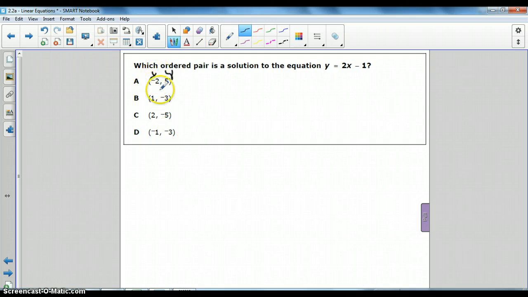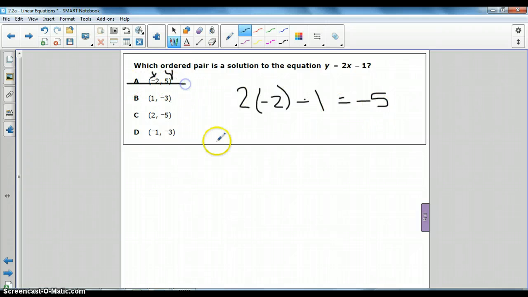So with x equal to -2, in your calculator, you can just do 2 times -2 minus 1. If you pop that in there, you should get -5, because 2 times -2 is -4, minus 1 would be -5. This one says the y is 5, so that can't be right. Okay, let's move on to the next one.